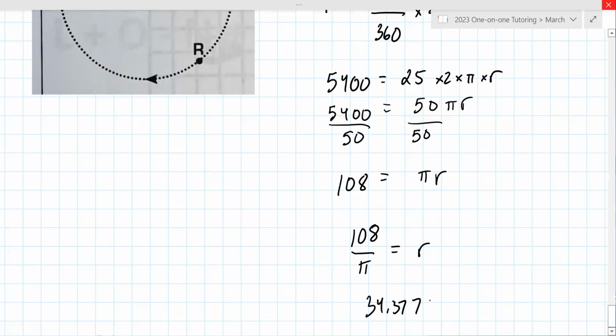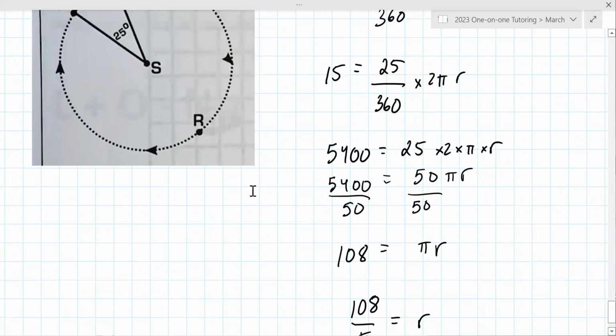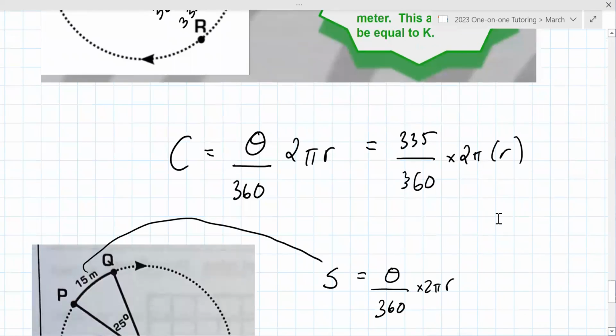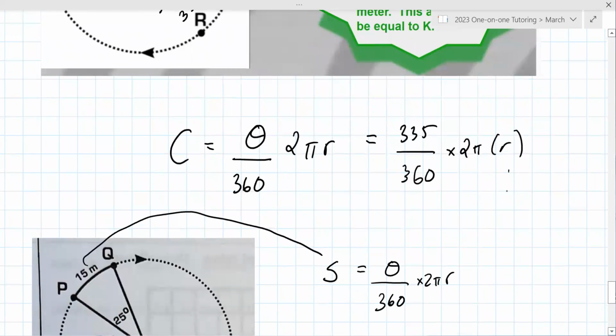So that's only actually be 3775, that 4 would round up to 5. So that's where we go back to our previous equation, and that's going to go in here for r. That's the 34.3775.